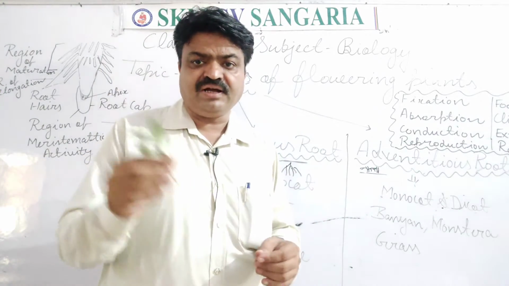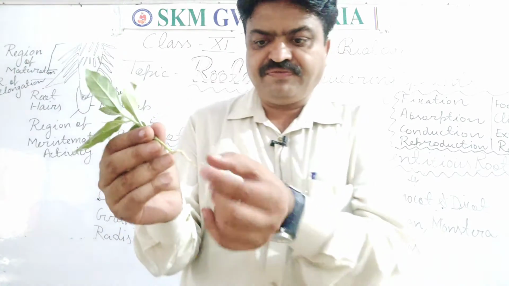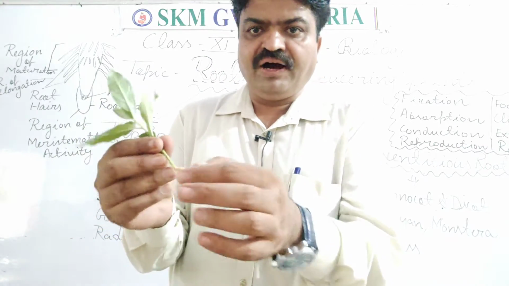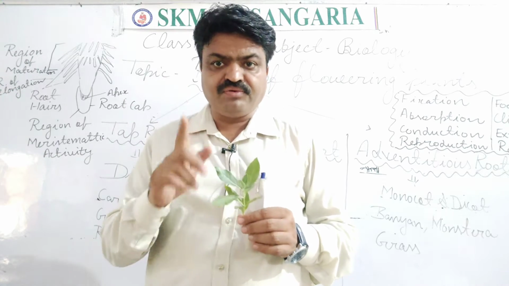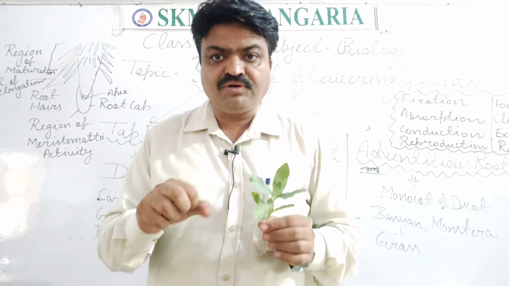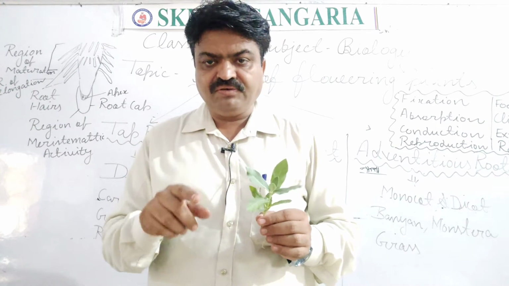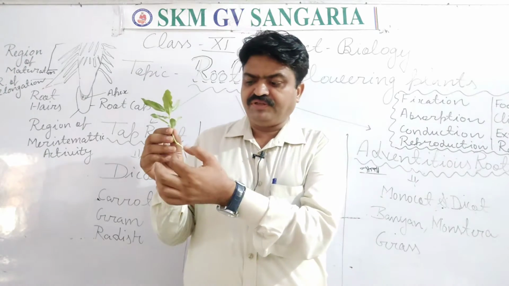Around the root there are fiber-like structures you can observe, and these fiber-like structures around the taproot are known as root hairs. With the help of the root hairs, they absorb water and minerals.